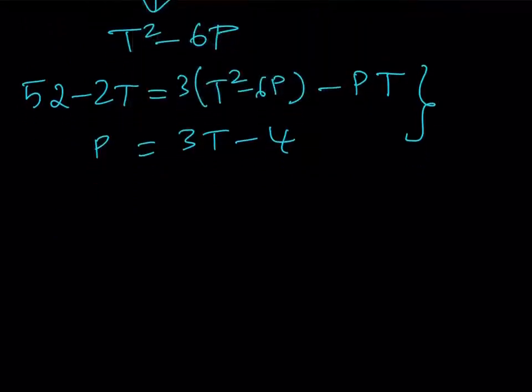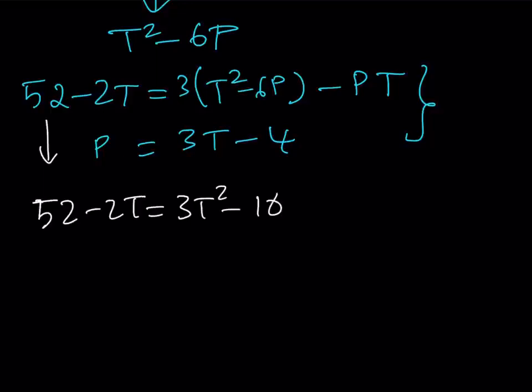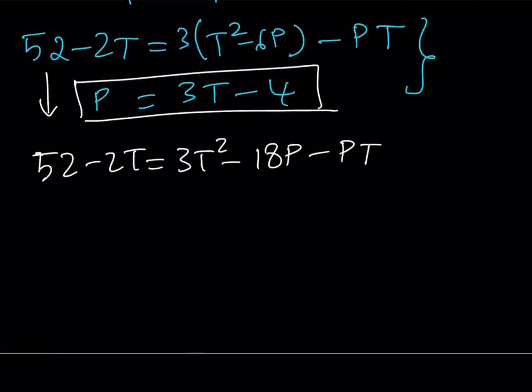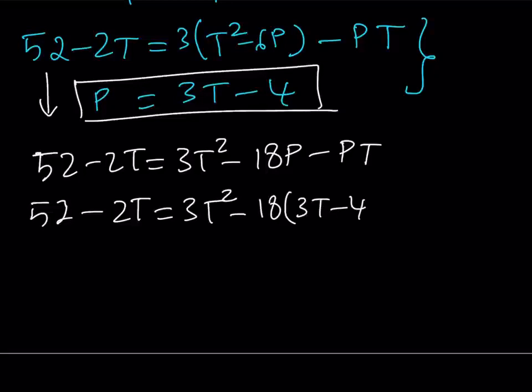Okay, I'd like to simplify the top part, and let's see what we can get from there. So 52 minus 2t equals 3t squared minus 18p minus pt. Let's go ahead and replace p with 3t minus 4, and we're going to get the following. 52 minus 2t equals 3t squared minus 18 times (3t minus 4) minus t times (3t minus 4).